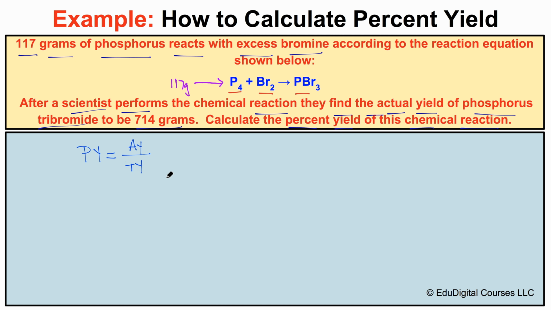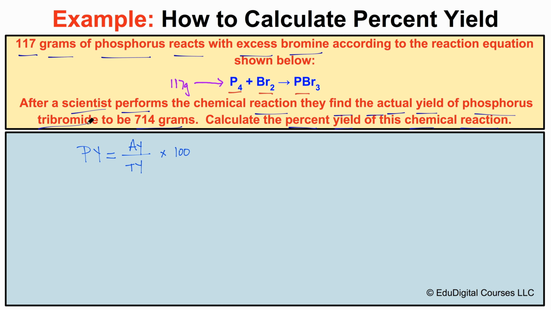That is the amount of product that is formed through the mathematical process called stoichiometry. And so we can get the percent yield by taking the actual yield, dividing it by the theoretical yield, and multiplying by 100.